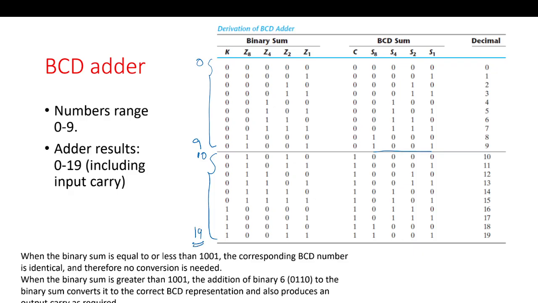Why 19? Because in decimal we can have 9 plus 9, plus a carry, which is almost 20, so we can say 0 to 19. So if we get a value up to 19 at the output, we have to perform the BCD correction to make it a valid BCD digit.